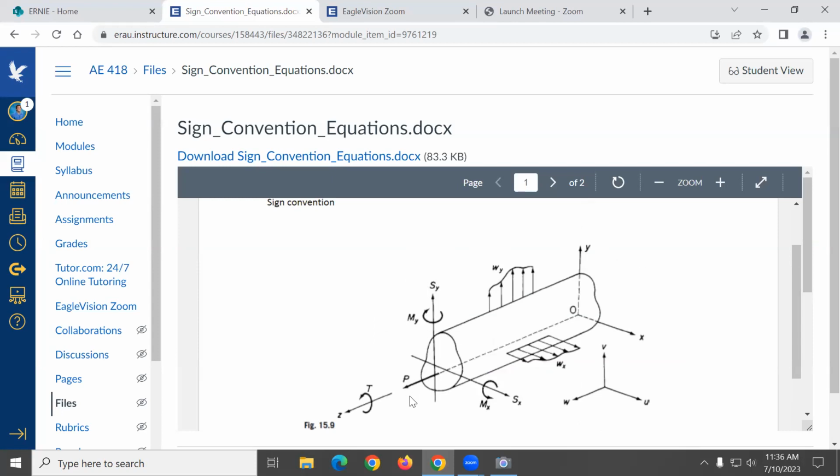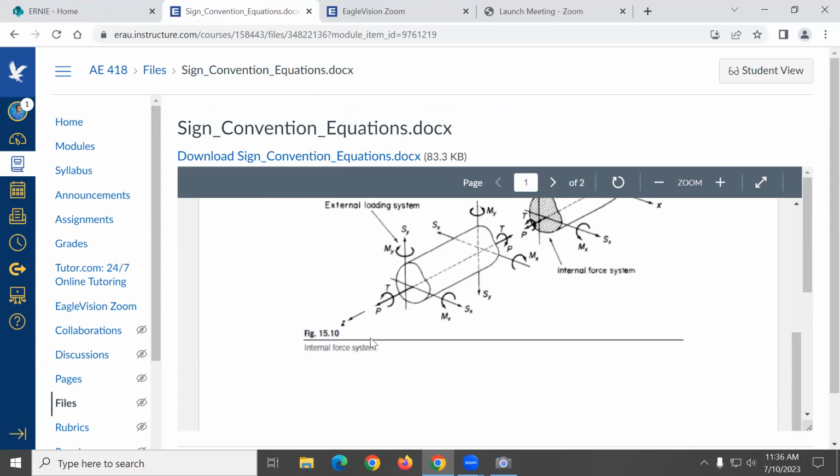So make sure you follow this sign convention because the equation was derived following this sign convention. Yes? Yeah, that's what I'm saying for everybody. But if you do it directly, this is the major problem that you might run into, the sign conventions.